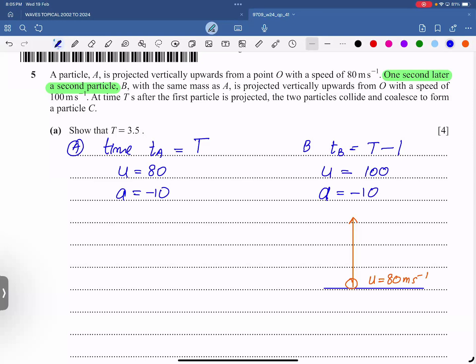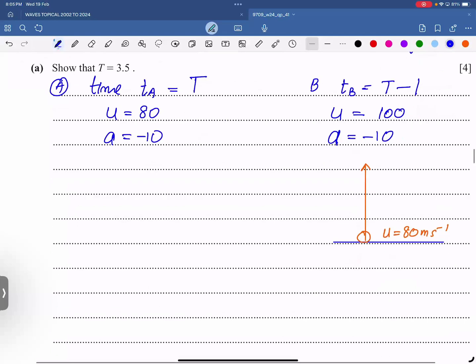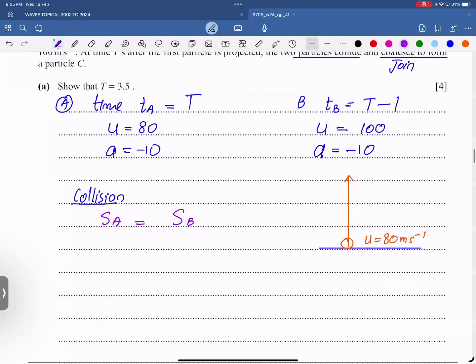Okay, now the question says they collide, and then they say they coalesce. Coalesce means they join together to form particle C. So first of all, show that the time is 3.5. When they collide, it means they are at the same height. So at collision, the displacement traveled by A is the same as the displacement traveled by B. Both are in motion.